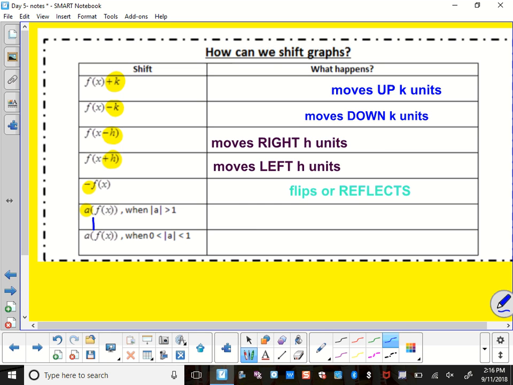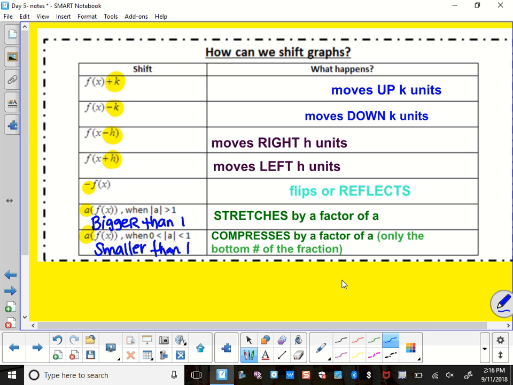If it is bigger than 1, then we're going to stretch by that number. And if it's smaller than 1, then we're going to compress. You do not have to write this bottom part here.